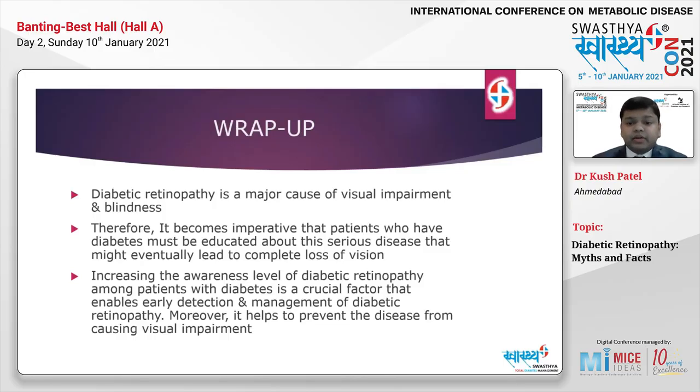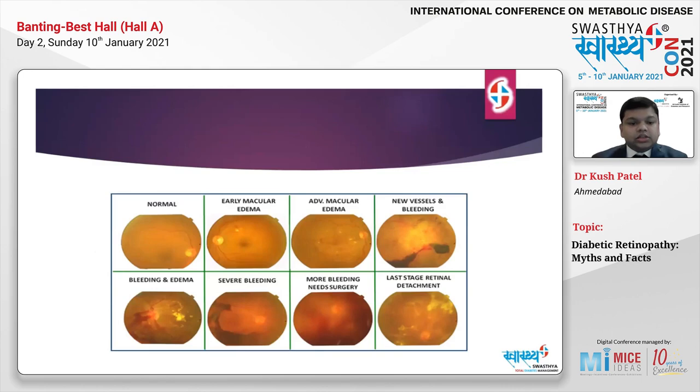Moreover, it helps to prevent the disease from causing total visual impairment. I am showing this image just to give an idea of what a normal retina looks like and what changes progressively develop over the retina as you go from mild to severe to proliferative changes of diabetic retinopathy.